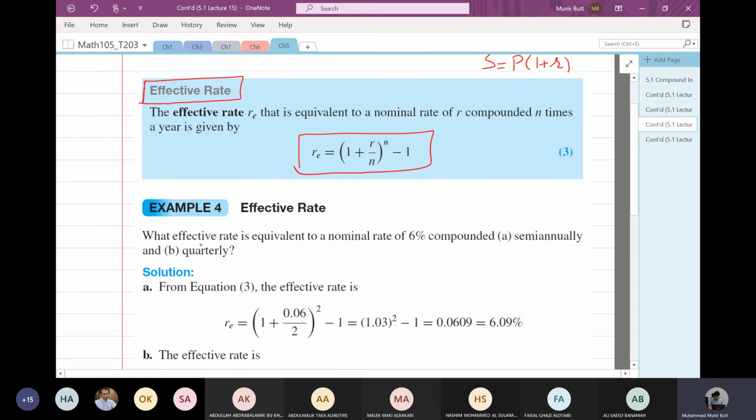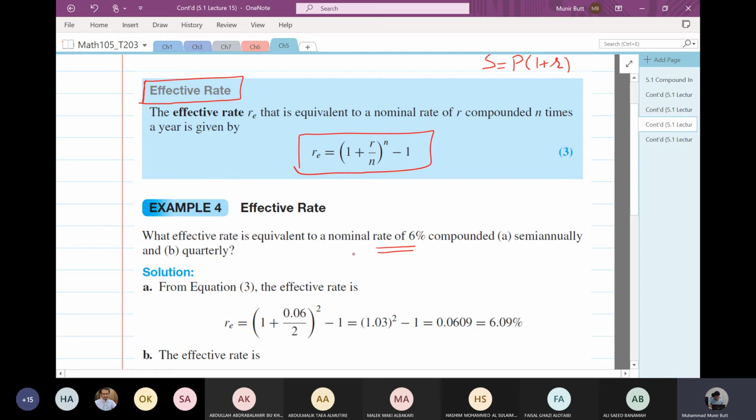So he asked what effective rate is equivalent to a nominal rate of 6% compounded, number 1, semi-annually, and number 2, quarterly. So he gave us 6%, but you have to think, 6% in what sense? He says what effective rate is equivalent to a nominal rate.